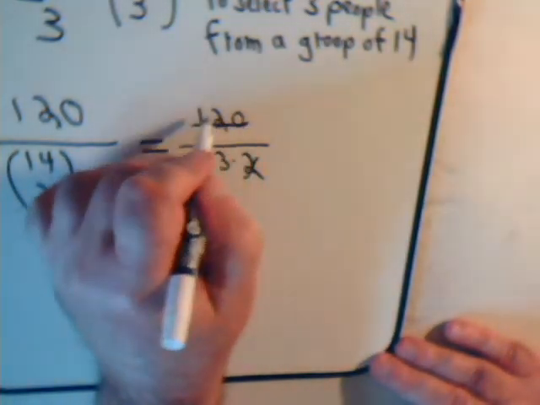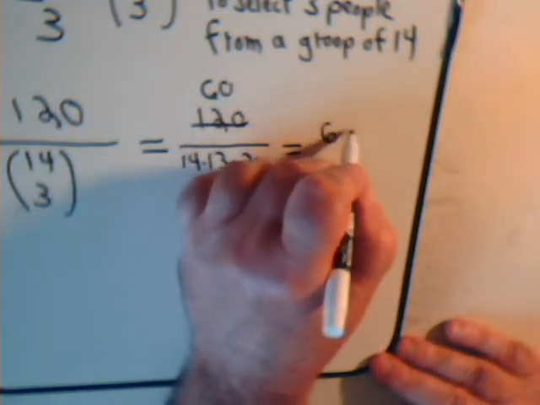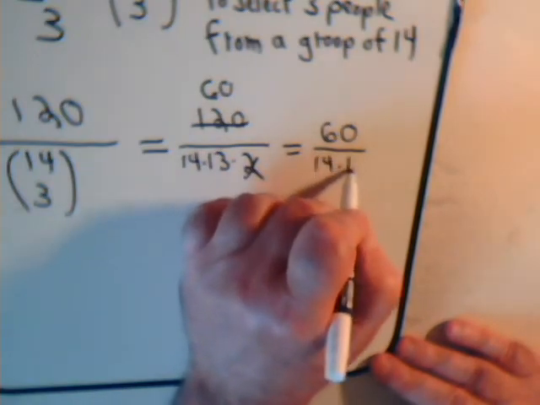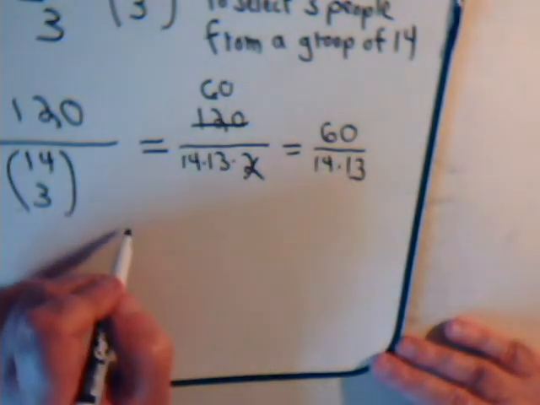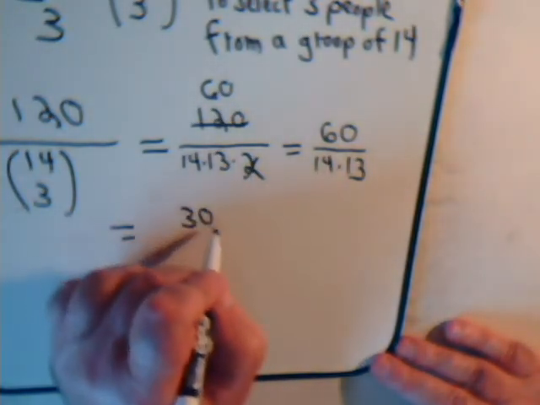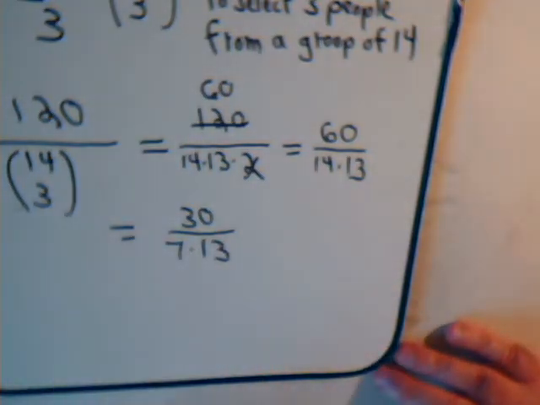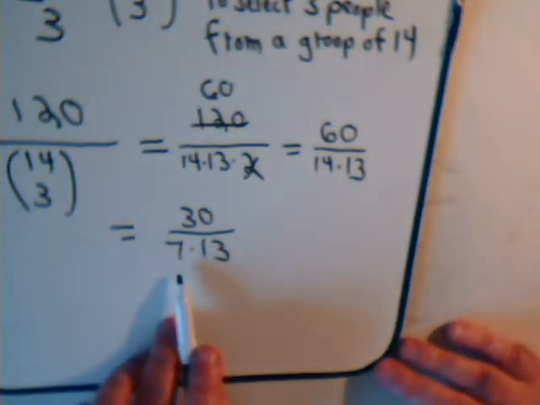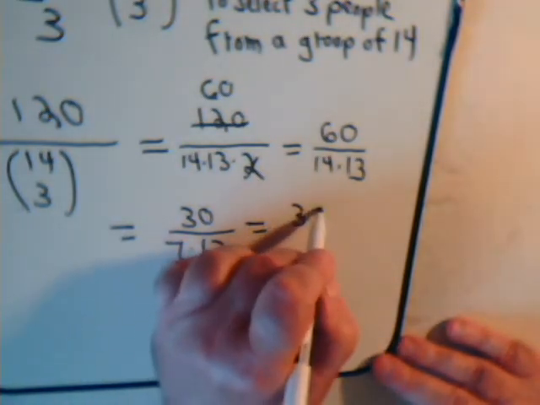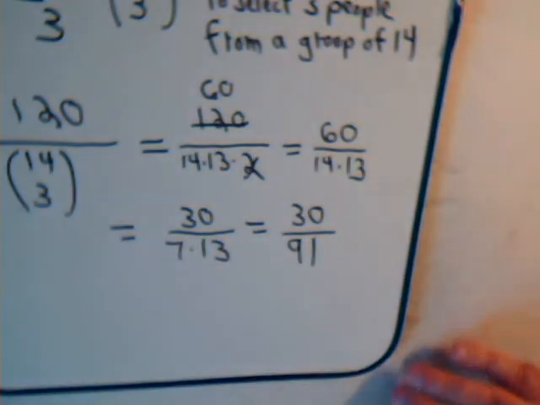Let's see, this is 60 over 14 times 13, or that would equal 30 over 7 times 13. And 7 times 13 is 70 plus 21. That's 30 divided by 91.